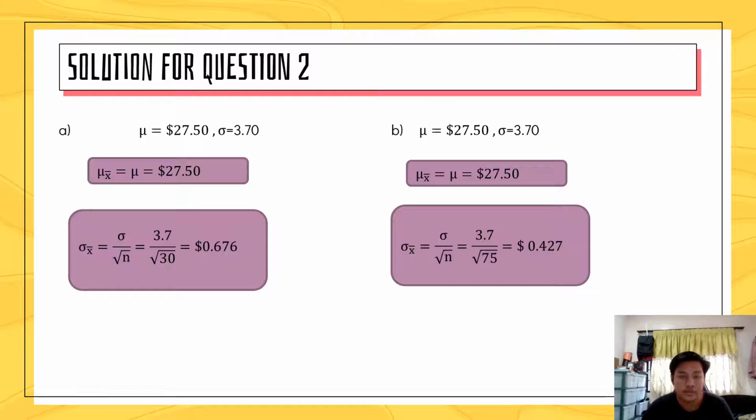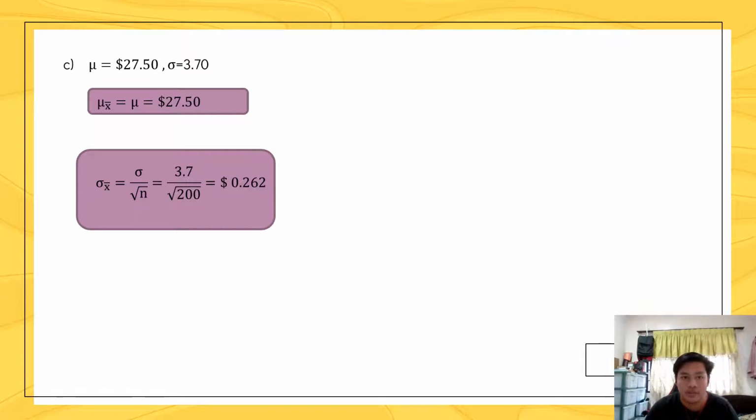So for C, the n sample is 200. So the mean of the sample mean is still the same, 27.50, and the standard deviation of the sample mean is different. We will get the answer of 0.262.